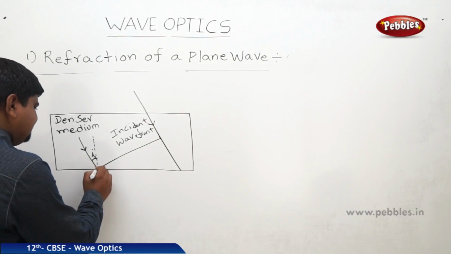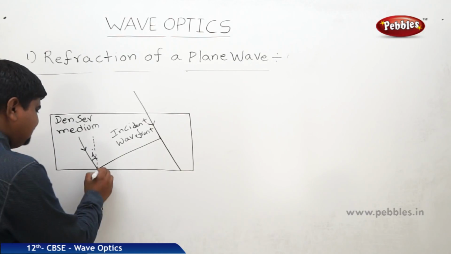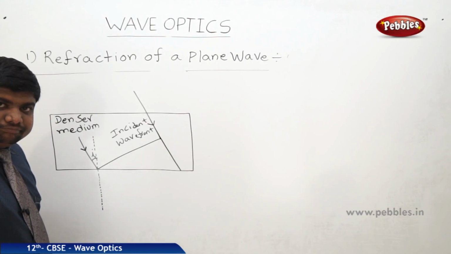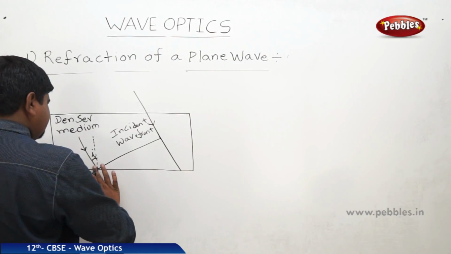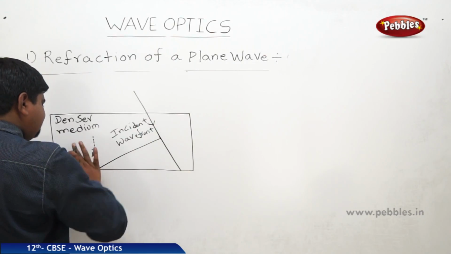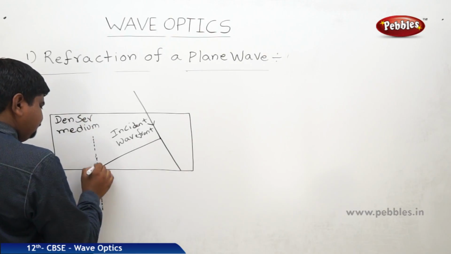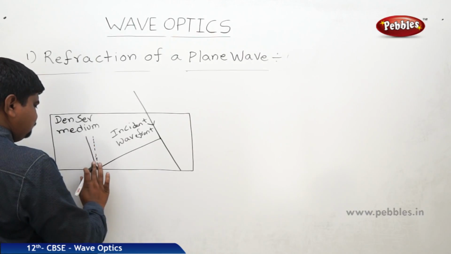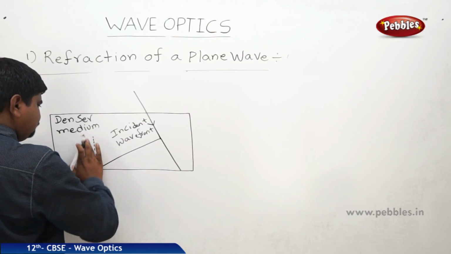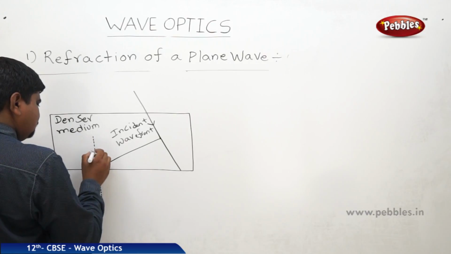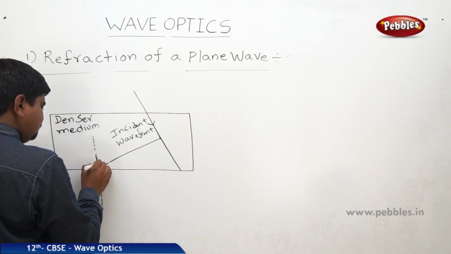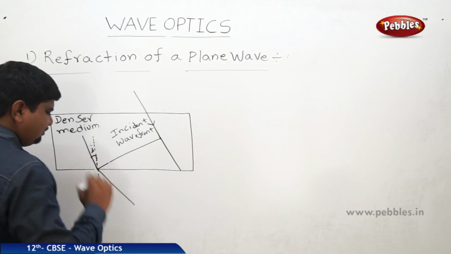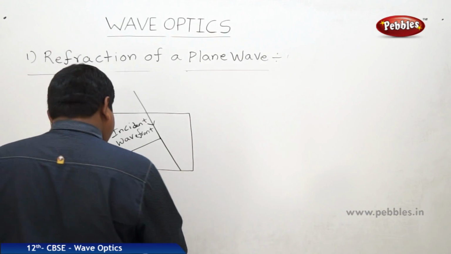So in this case, what we can understand is the light wave bends away from the normal. This point is very, very important. For this purpose, just try to change the angle slightly. So this is the normal, this is the angle of incidence, this is the angle of refraction, and these two are joined like this.